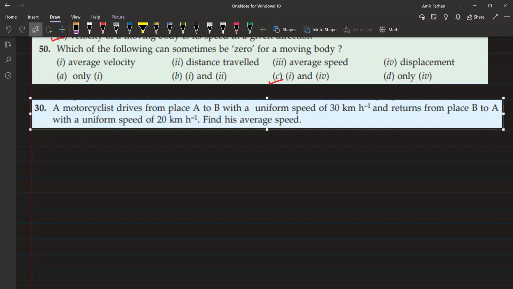So any answer to this question, please tell me. What is the answer then? Let me know in the chat.